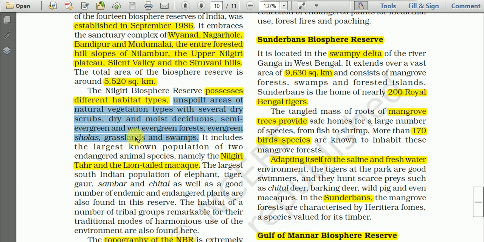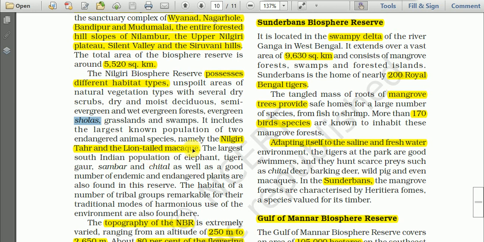Sholas, do you remember? Actually, these are temperate evergreen forests in the Nilgiri Hills, known as sholas.